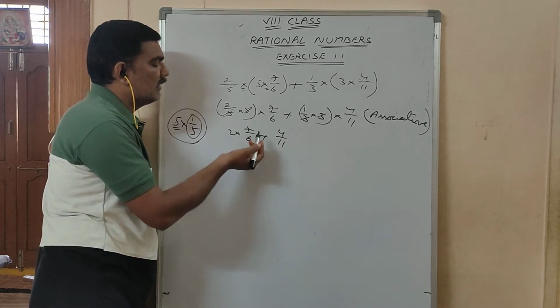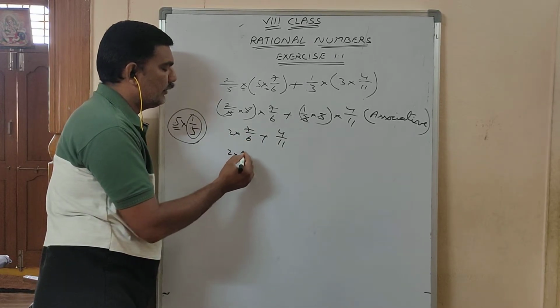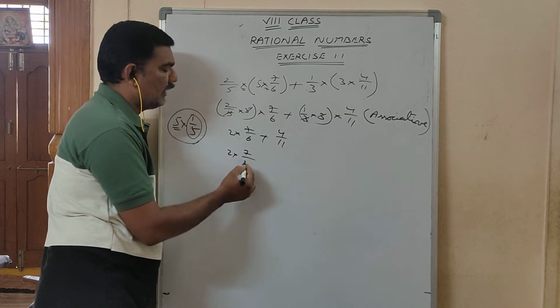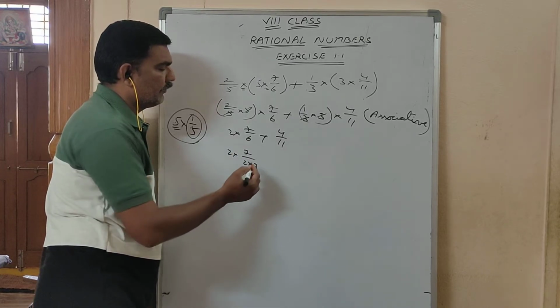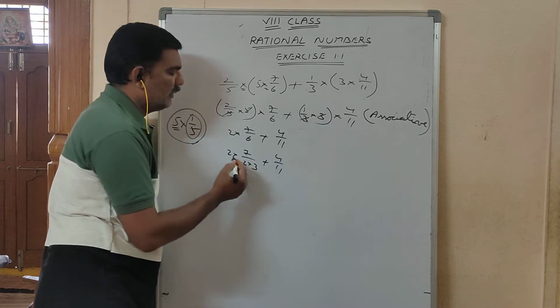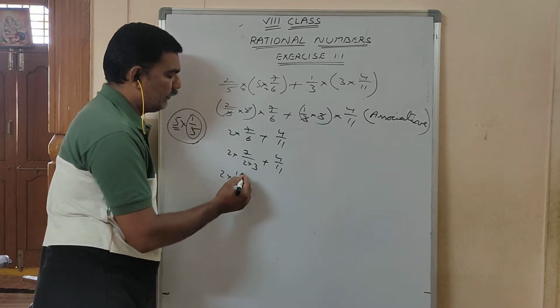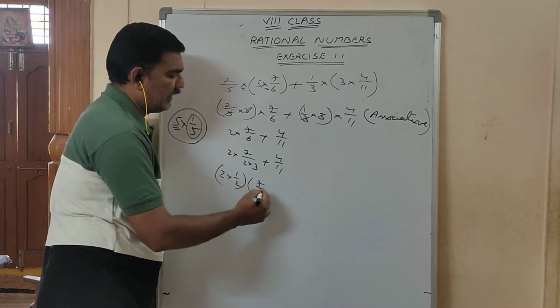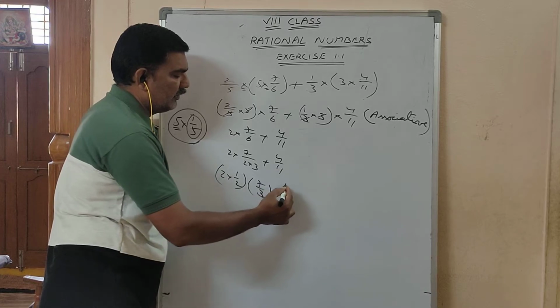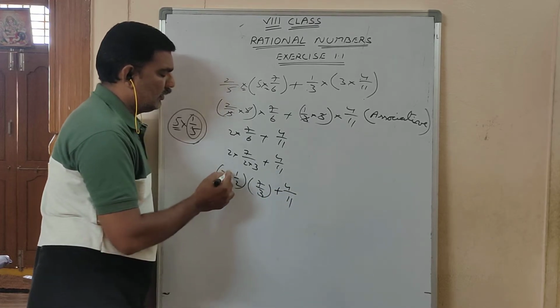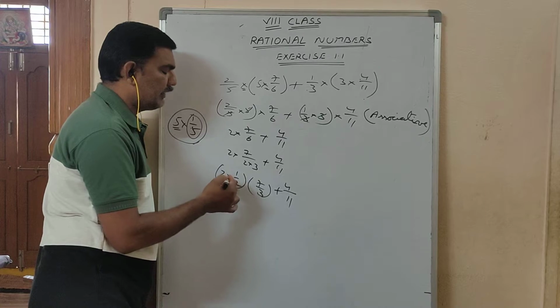Again cuttings. You can do it otherwise: 2 into 7 by 6 you can write as 2 into 7 by 3, plus 4 by 11. Again 2 into 1 by 2, and here 7 by 3 will be there, plus 4 by 11.